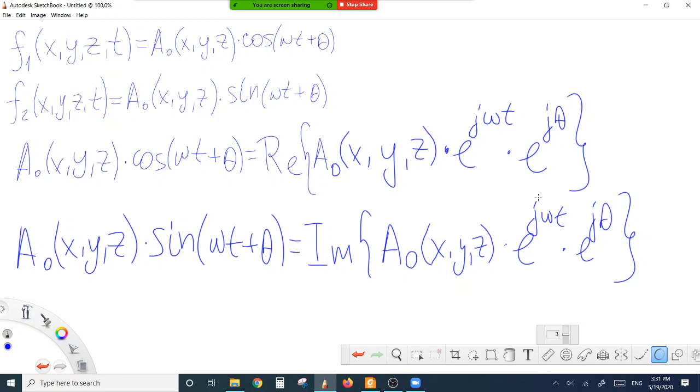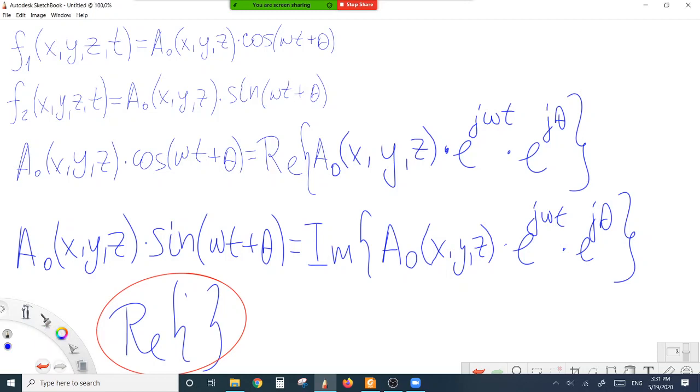Here the first notation means the real part of our complex number, and the second notation means the imaginary part of our complex number.